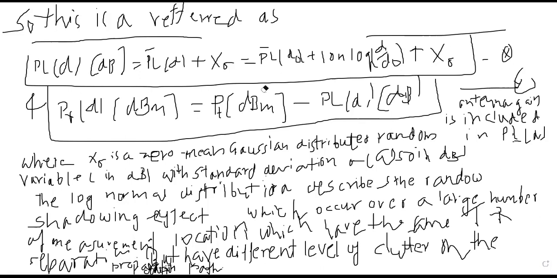This is plotted between the TR separation distance, transmitter to receiver, in kilometers, and the path loss is taken on the y-axis in dB, and the path loss exponent values are shown opposite to the y-axis.